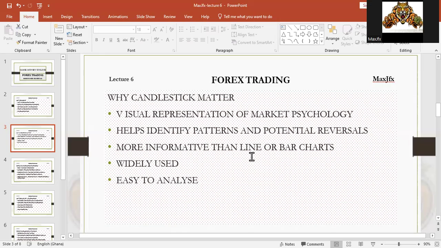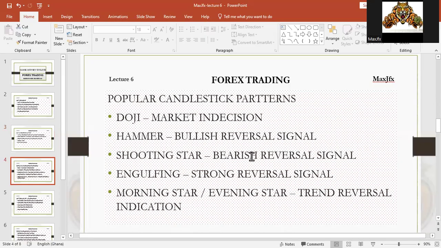It's also a visual representation of market psychology, that is, how the buyers or sellers are reacting, maybe around psychological levels, or showing rejection of price or acceptance of prices.